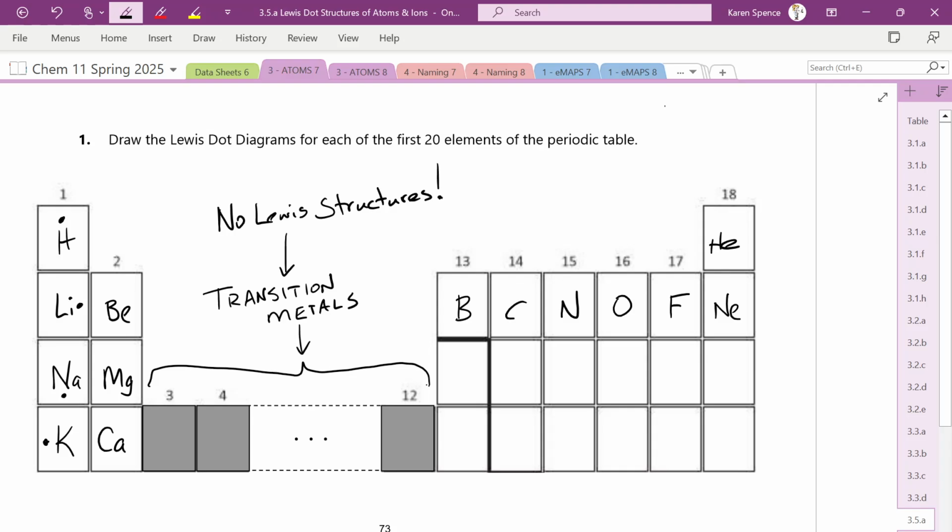Nice. Teamwork makes the dream work. Hold on. 1, 2, how many? It's not such a dream.